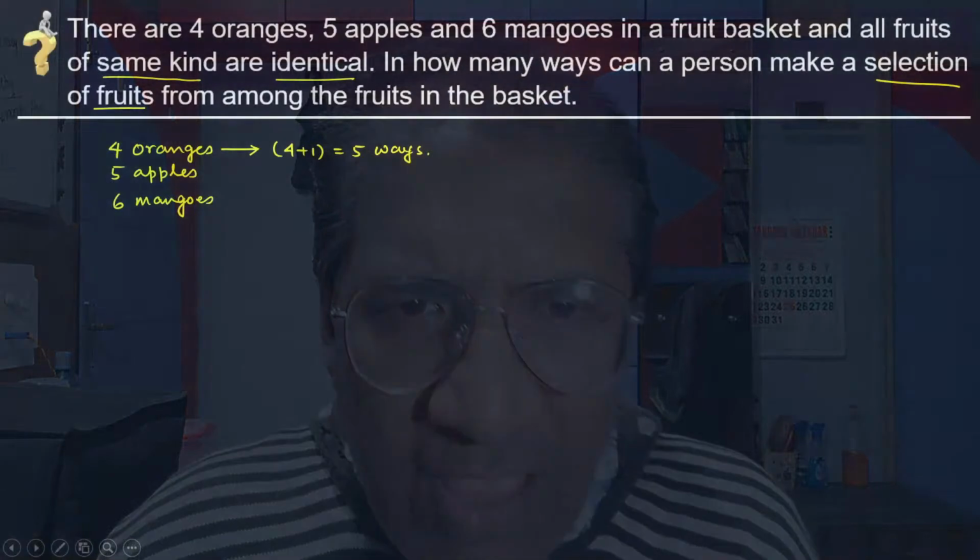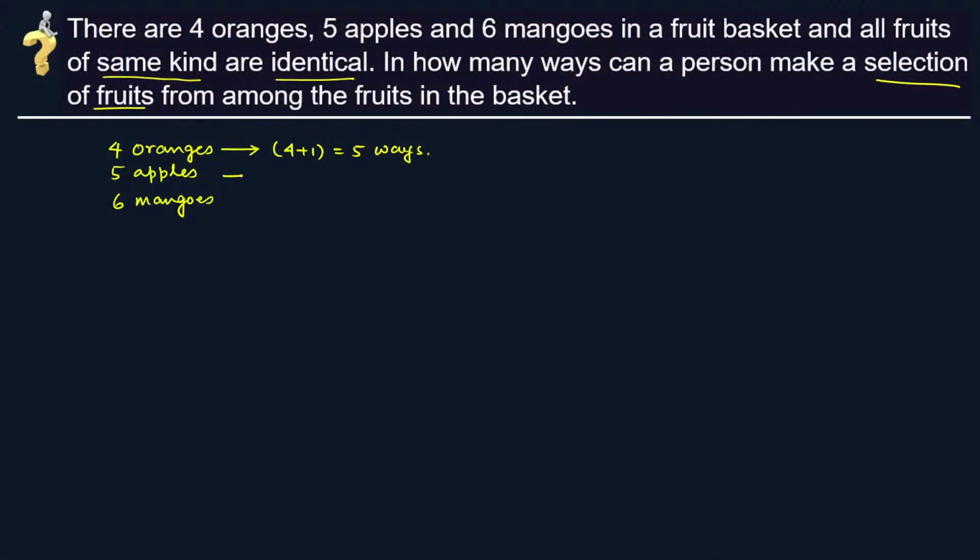So there are a total of 5 different ways of choosing oranges. There are 5 apples, so the apples can be selected in how many different ways? 5 plus 1, that is again 6 different ways. And we have 6 mangoes, which can again be selected in how many different ways? 7 ways.